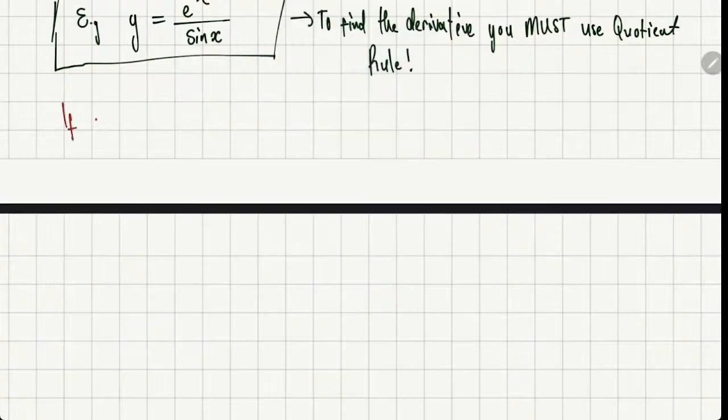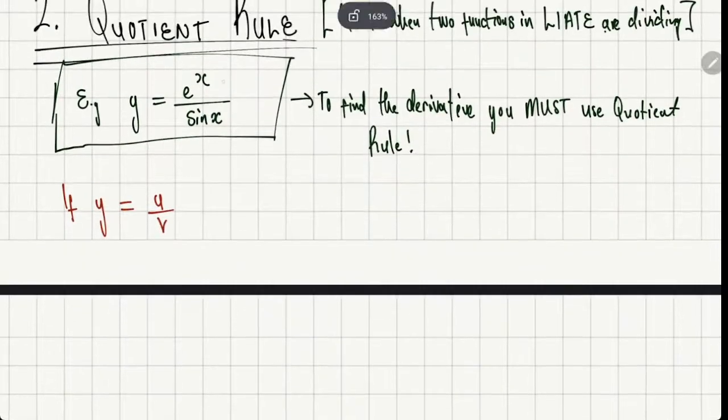So now, here is what it says. If y is equal to u over v, this is the u, okay? So this is an exponential function, which makes it the u. What about sine x? What type of a function is sine x?